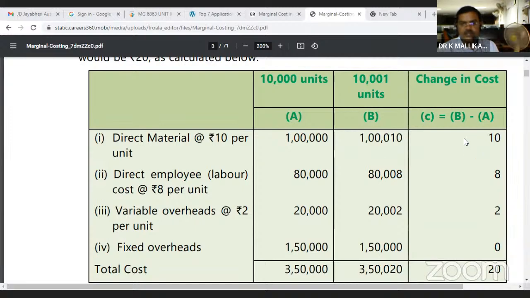If you see in this table, the direct cost per unit is increased by 10 rupees, and direct labor is also increased, and variable overheads increased by 10 rupees. With no increase in production, there is no increase in the fixed cost. So fixed costs remain constant. Here you can see the 20 rupees additional cost, the company produced 1 additional unit for just the spending of this 20 rupees.